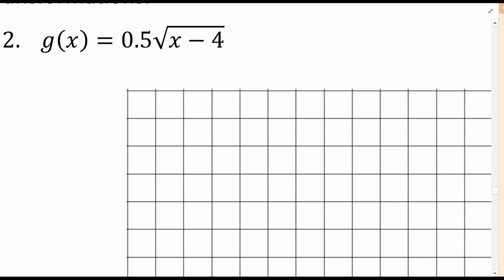Alright, this one, can you copy this example? G of x is 0.5 times the square root of x minus 4. Now we're doing this one together.